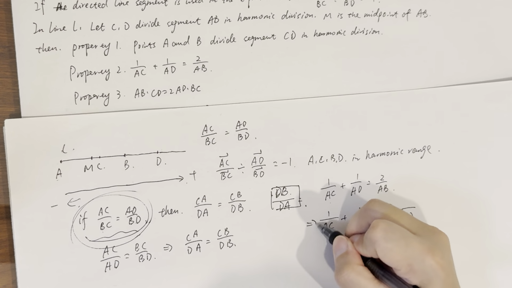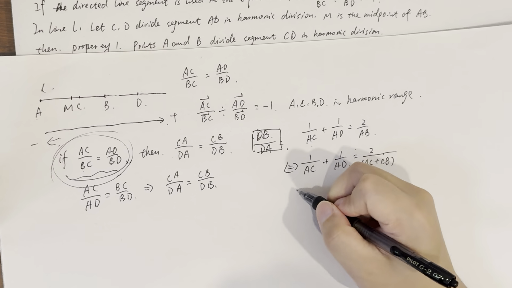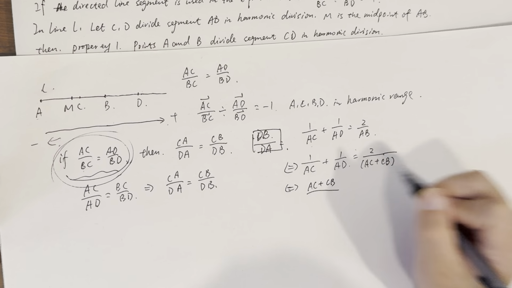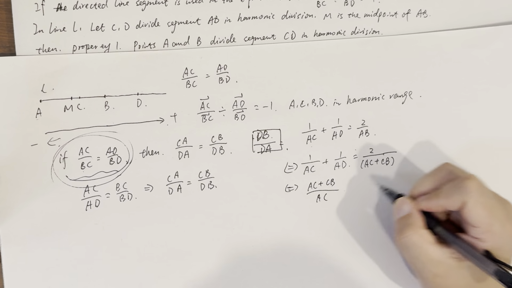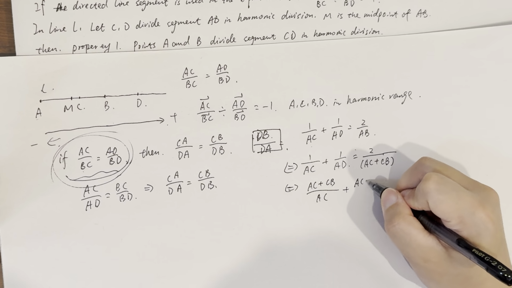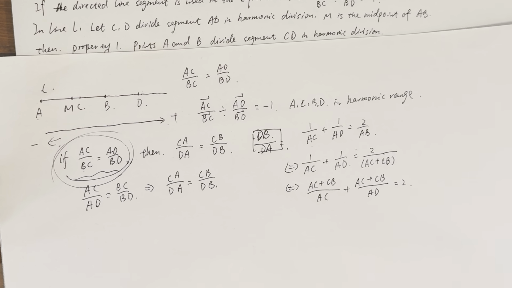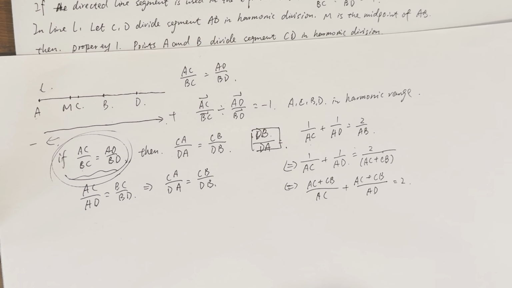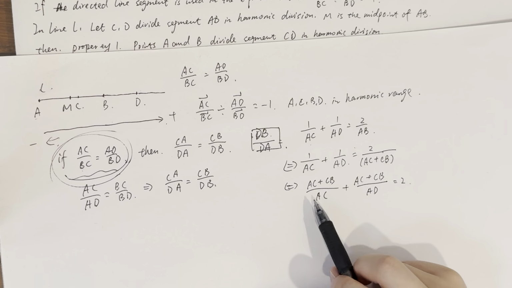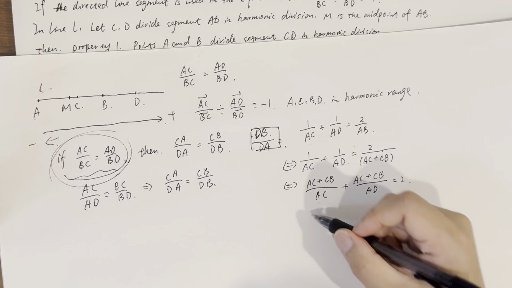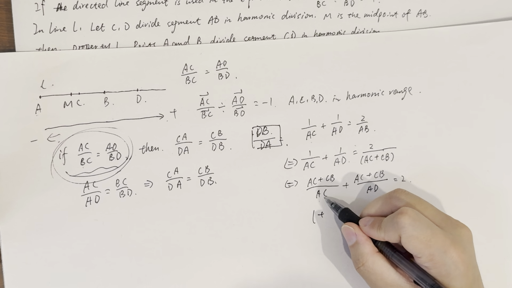So basically we want to prove that (AC plus CB) to AC plus (AC plus CB) to AD equals 2. For the first term, it's 1 plus CB to AC.